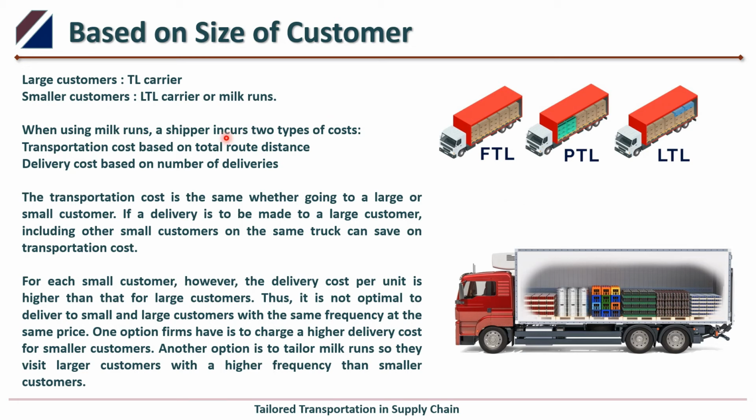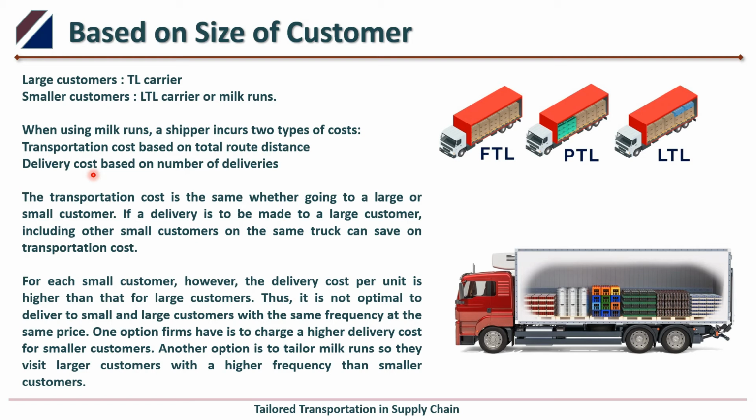There are two types of cost which are incurred when we do transportation. Number one is transportation cost, which is based on distance. The second is delivery cost, which is based on the number of deliveries. So what is transportation cost? I booked a truck, and the provider will completely charge me based on distance. The service provider is not bothered about whether I am sending a half empty truck or a full truck. So the transportation cost is distance based.